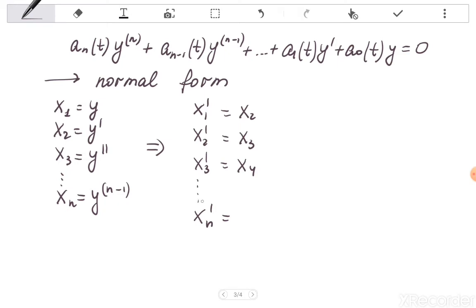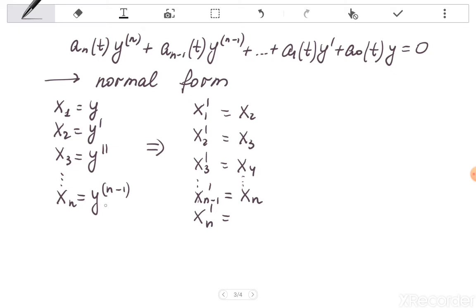So in fact, let me write here xn minus 1 prime, which will be xn, right, by the same pattern here.